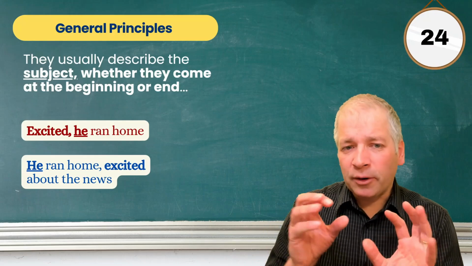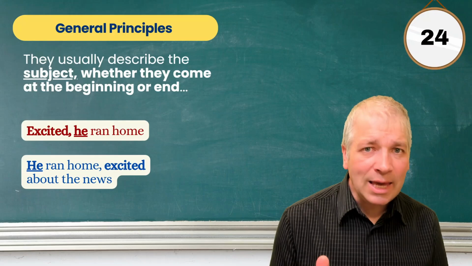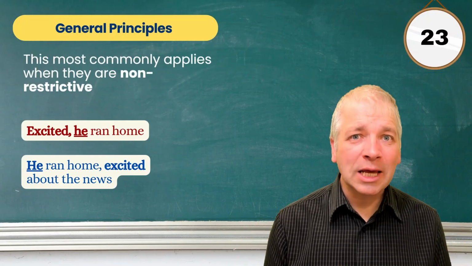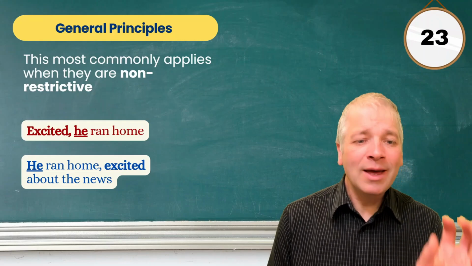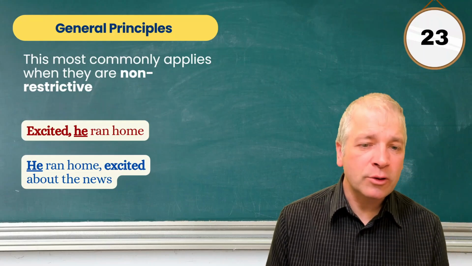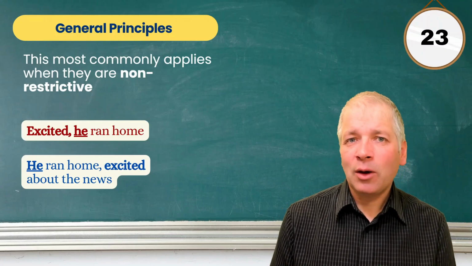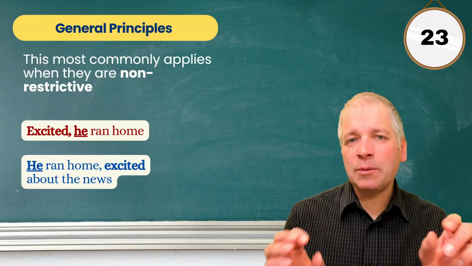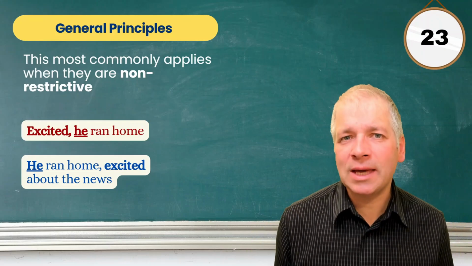Here, the participle form is in both cases referring to he. This most commonly applies when they are non-restrictive. So in the examples below, excited does not restrict he. It comes at the beginning or it comes at the end, and in neither position is restricting what we mean by he. It's not defining who he is.